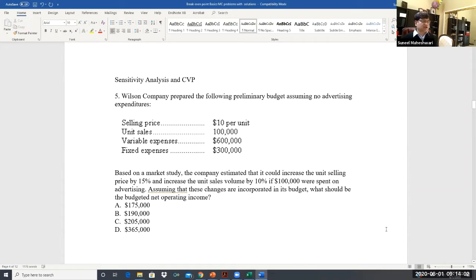Number 5, please type the answer. Based on margins of the company, estimate the increase.